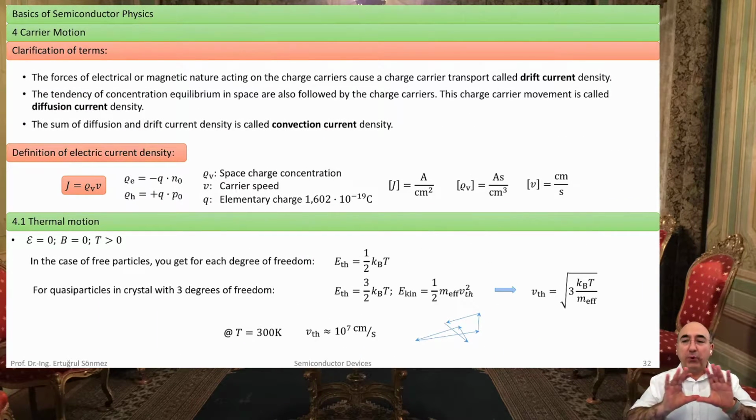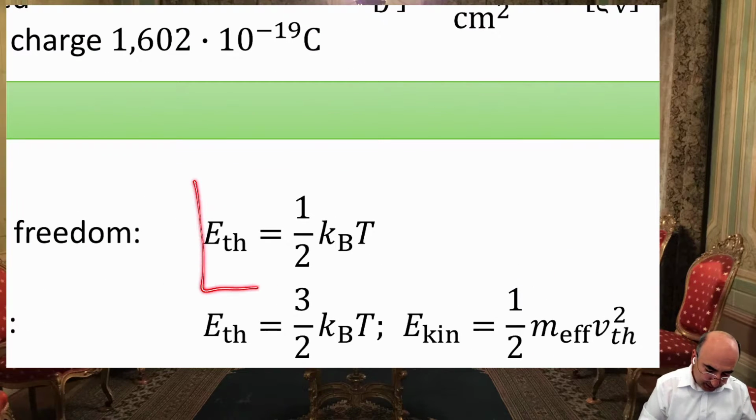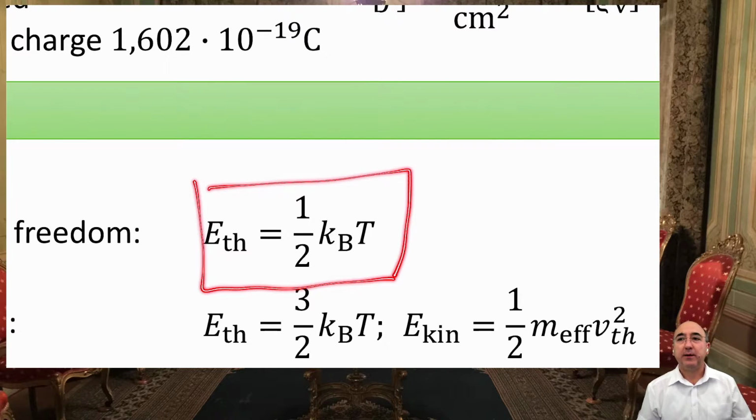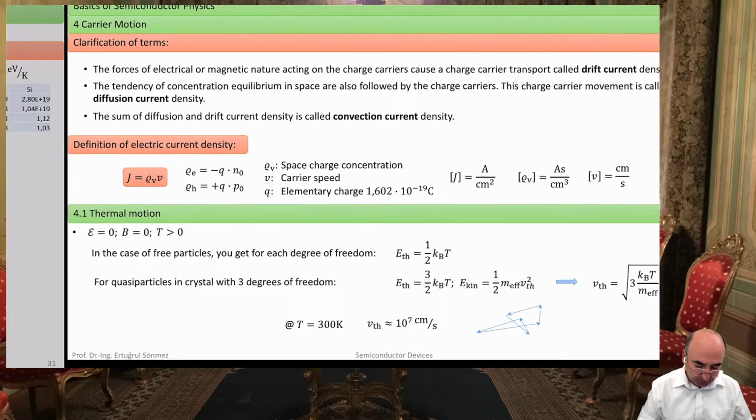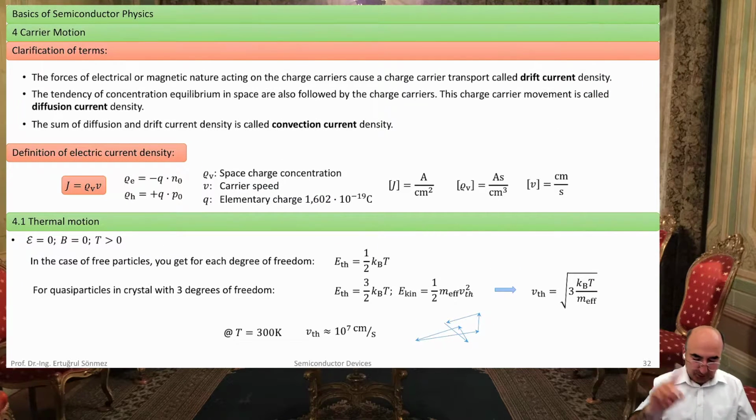What does it mean? For all particles, you have this condition. The thermal energy of movement in one-dimensional systems is a half of kB times T. So if you have only 1 degree of freedom, you have this energy.